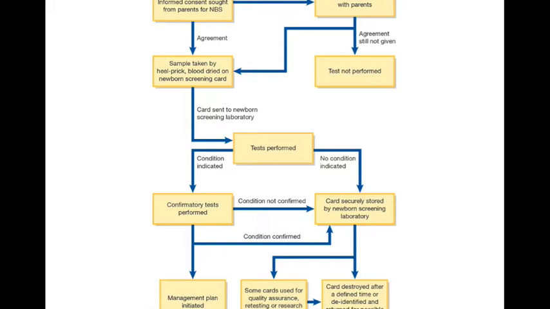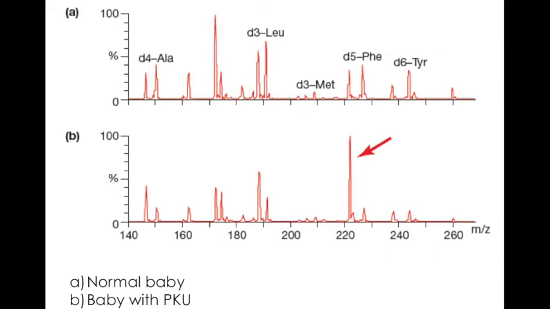Okay. Here's a diagram showing what happens in mass spectrometry. Mass spectrometry. I keep saying the word wrong. But here is a particular chart to show the frequency of different amino acids. You can see alanine's there, leucine's there, and the other ones are all there as well.